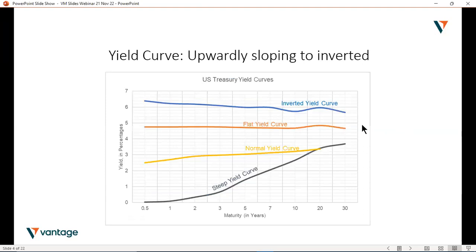I'll just pull up this chart here. Again, I don't want to get bogged down too much, but a normal yield curve, that's the yellow line, is upwardly sloping. If you think about it, a higher fixed rate of return is earned from lending money for longer periods of time. Most commonly looked at is the shorter duration 2-year yield.